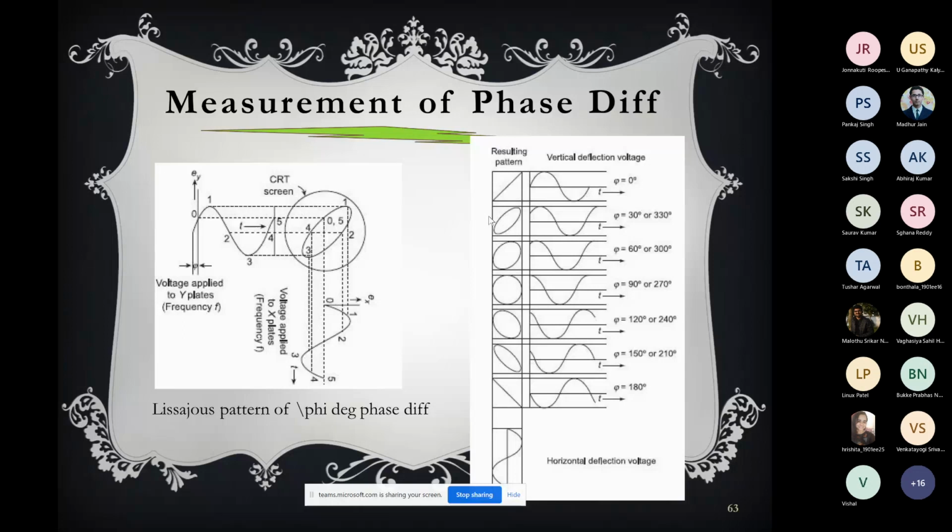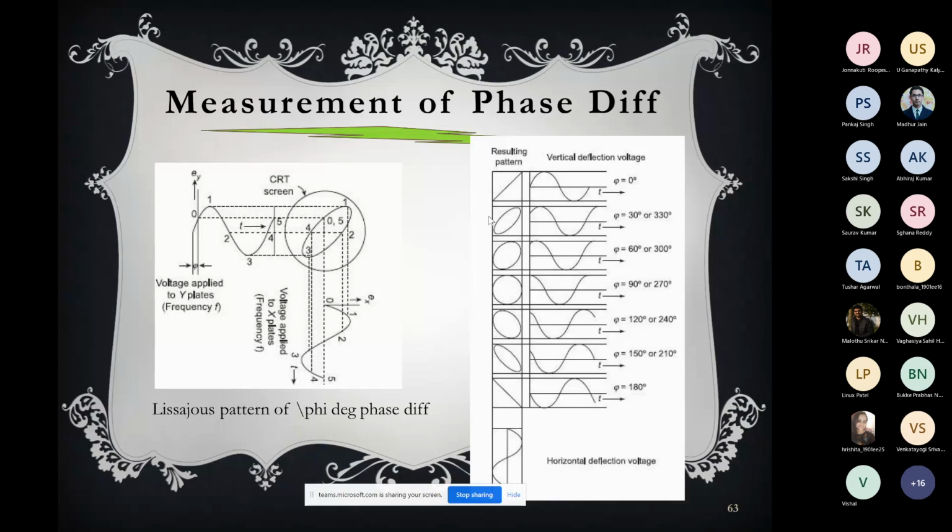You will see a slanted ellipse whose axis is on the first quadrant and third quadrant. If it is more, say 60 degrees, the ellipse will be a little flattened, or nearer to a circle, but the axis will still be on the first and third quadrant. If the angle becomes 90 degrees, you will get a circle.